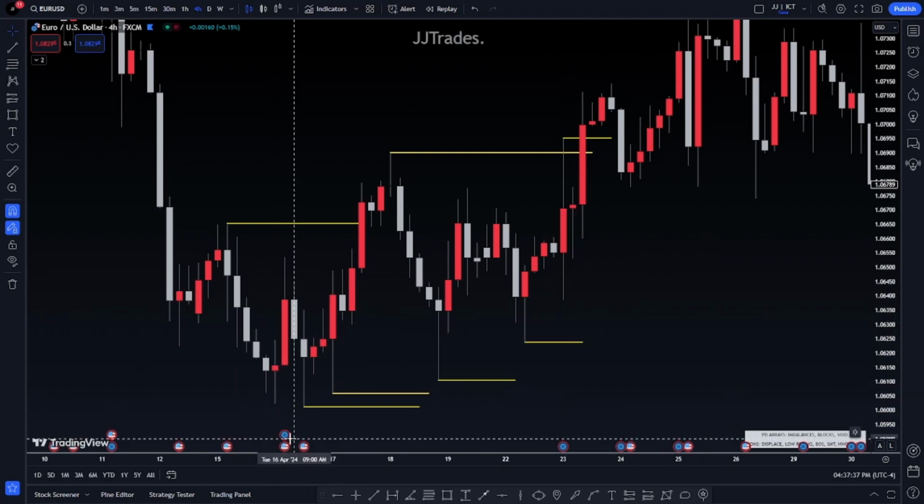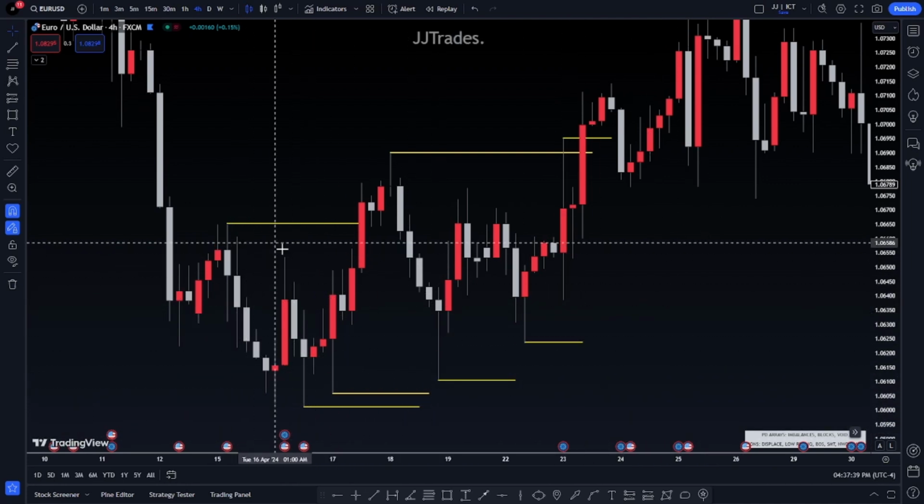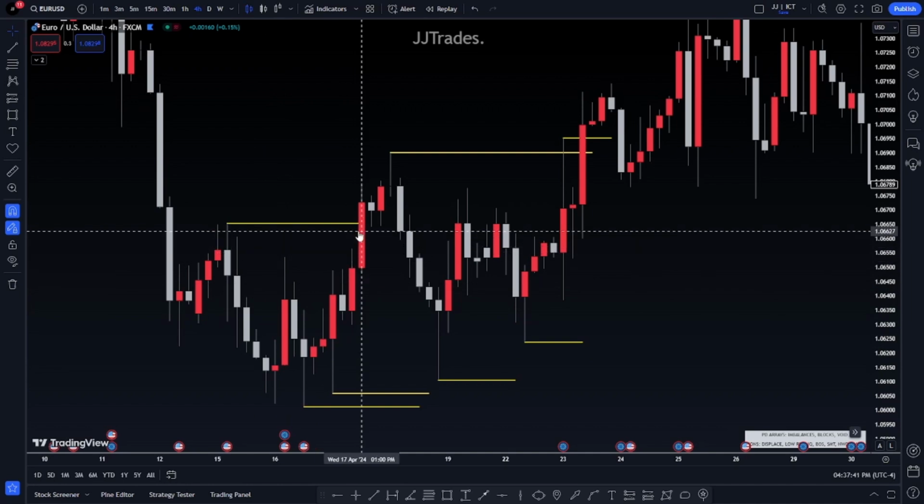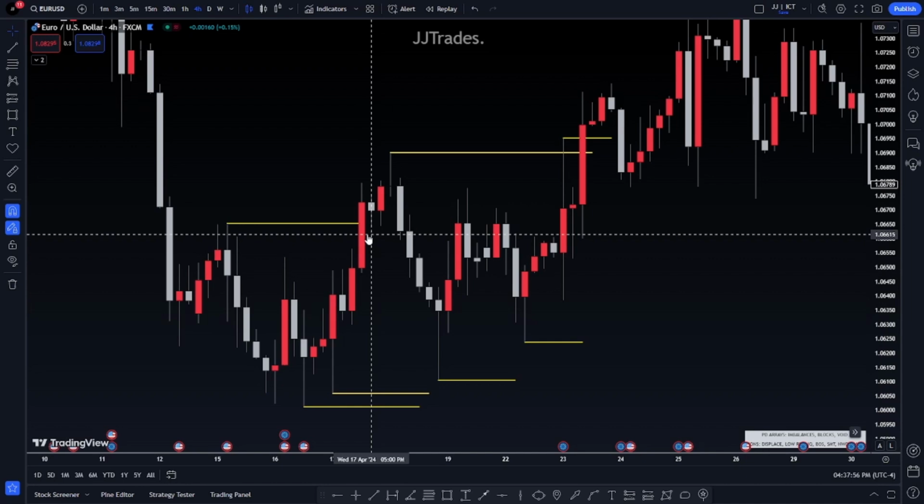But as you see here, price is consolidating. What I mean by consolidating is it's in a range, but it can be in a range in either direction, up or down. And consolidating, what that means is price isn't really moving at all. It has little to no volume, but it's still going somewhere, but it's not going anywhere as fast as it will normally move.